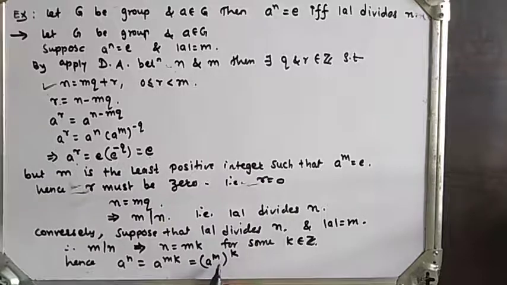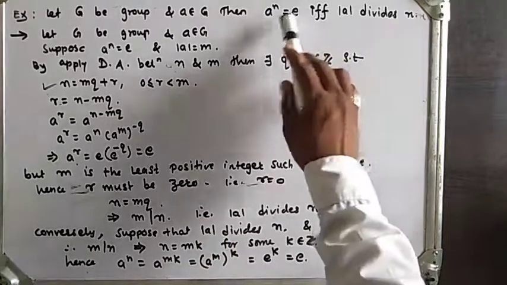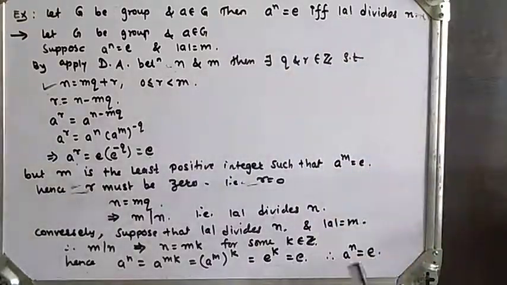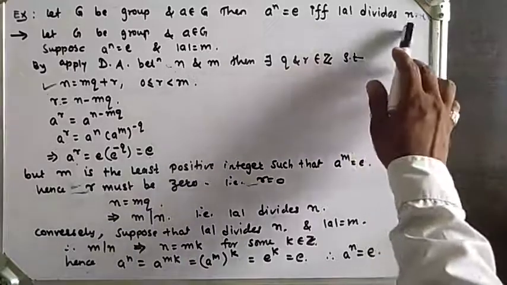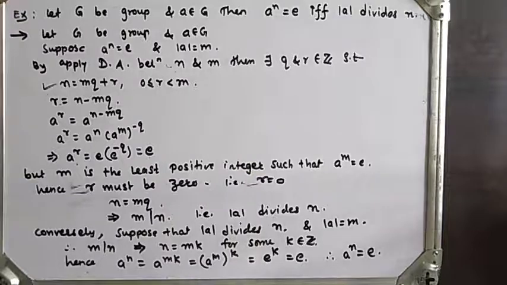Since the order of a is m, a raised to m is identity, which is e raised to k, and identity raised to k is again identity. Therefore a raised to n is equal to identity. Hence we have proved the converse part: if the order of a divides n, then a raised to n is equal to identity.